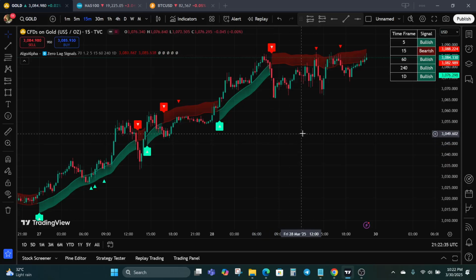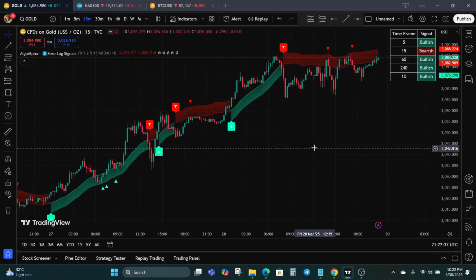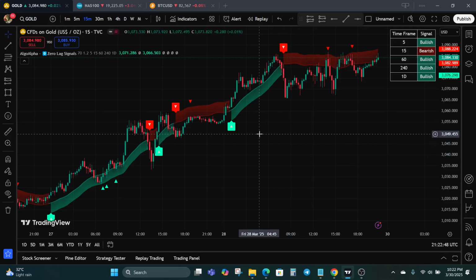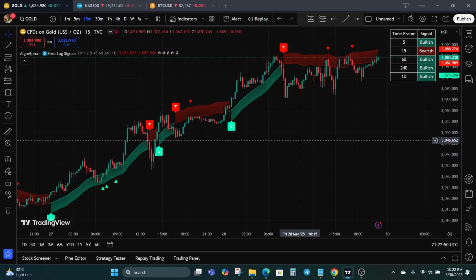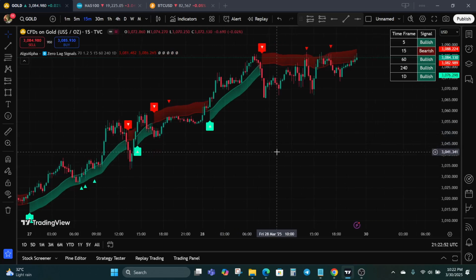Okay. Now, what is the zero lag trend signals indicator? Most trend indicators use past price data, which means they tend to lag behind the market. This delay can cause traders to enter too late or exit too early.